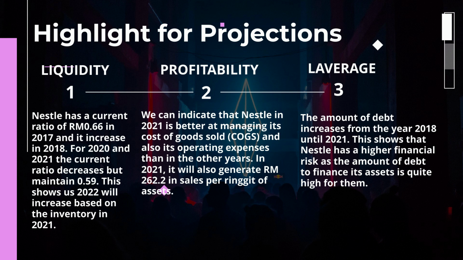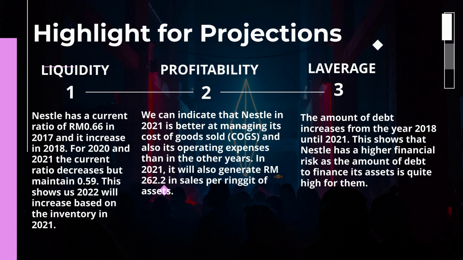For profitability, we can indicate that Nestle in 2021 is better at managing its cost of goods sold and also its operating expenses than in the other years. In 2021, it will also generate Ringgit Malaysia 262.2 in sales per ringgit of assets. From operating profit, we can forecast that sales will be better for the next year 2022.